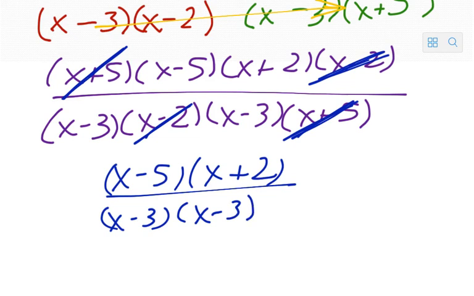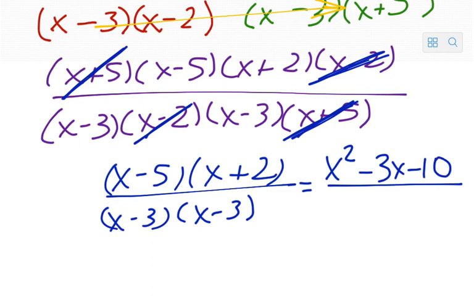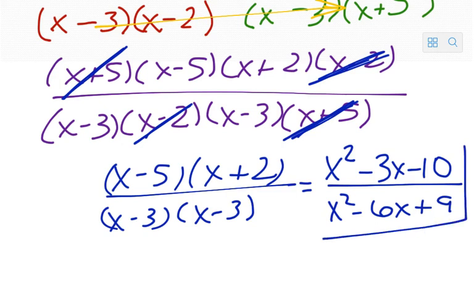Now you can leave it like that, but usually it probably looks better to go ahead and multiply that back together, using your distributive property or your FOIL method. So you can multiply that back together as x squared minus 3x minus 10, and on the bottom you're going to have x squared minus 6x plus 9, and so this is our simplified rational expression.